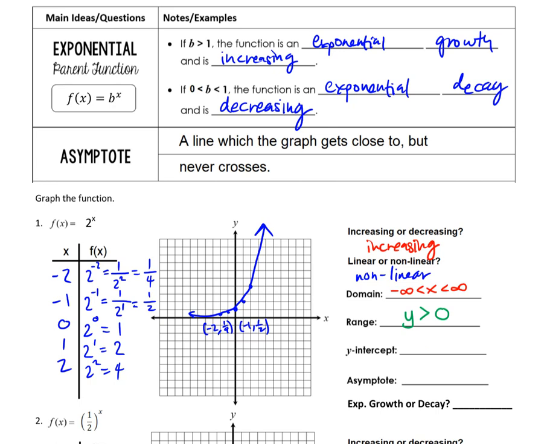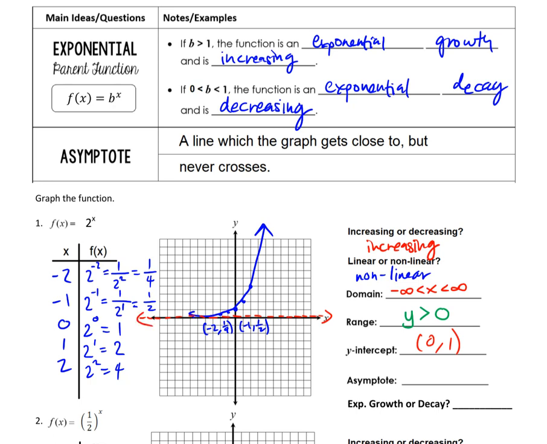Okay. Y-intercept. So the y-intercept, as you can see here, is where it crosses the y-axis. So it's going to be at 0, 1. Okay. The asymptote. So the asymptote, this is what I was trying to mention earlier. The graph doesn't go beyond this border.